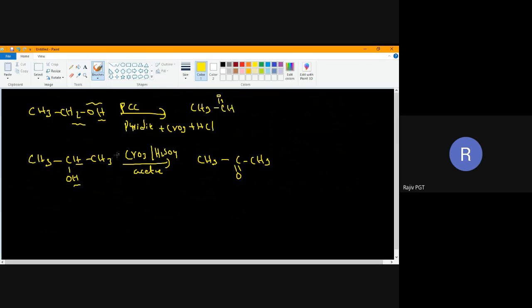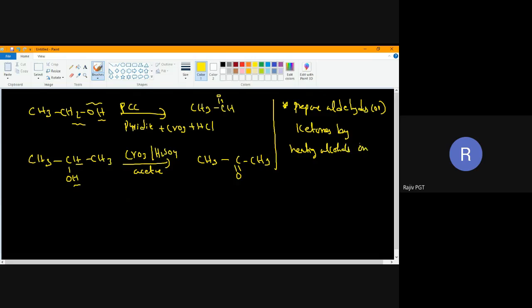Next, we can also prepare aldehydes and ketones by heating alcohols on red hot copper tube.